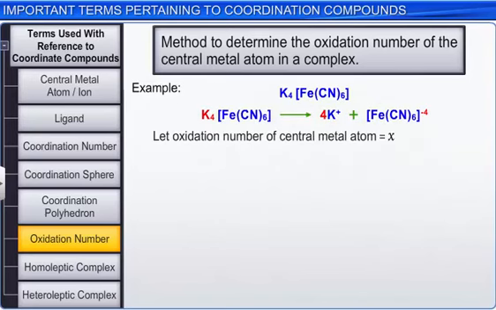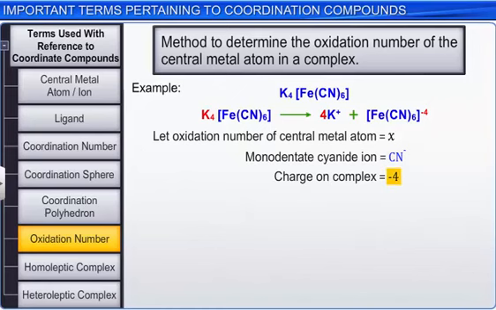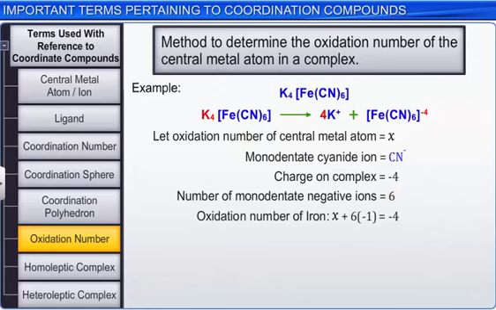The cyanide ion is a monodentate negative ion. Knowing that the complex carries a charge of -4 and has 6 monodentate negative ions, the oxidation number of iron can be determined as x + 6 × (-1) = -4. On simplification, we get x equal to +2. Thus, the oxidation state of iron in the given complex is +2.